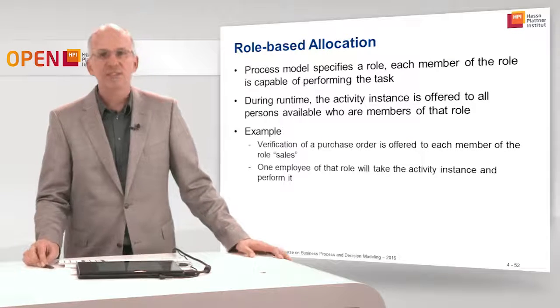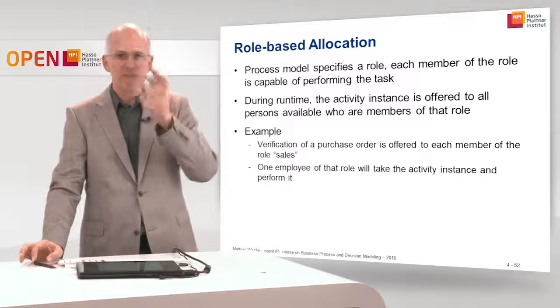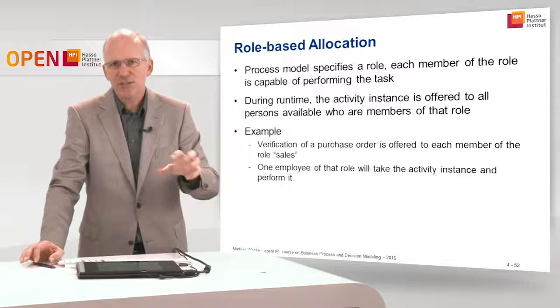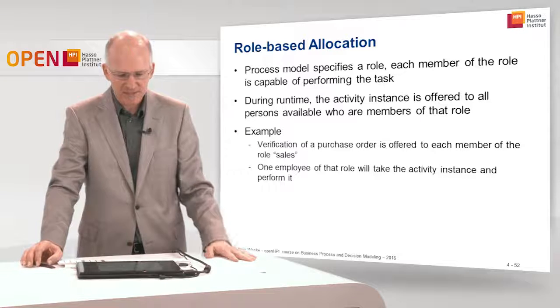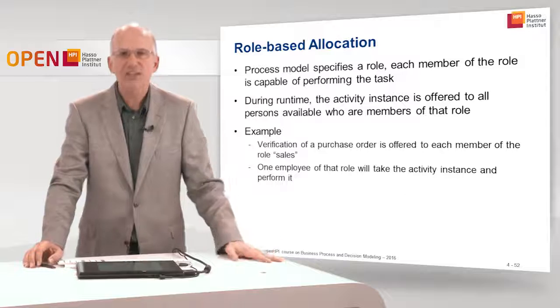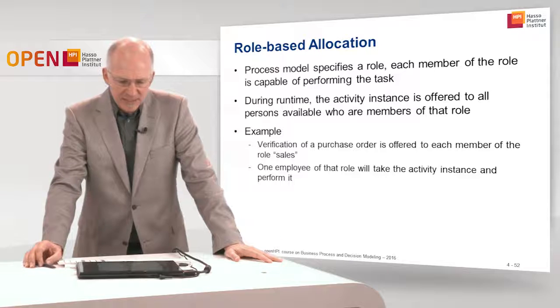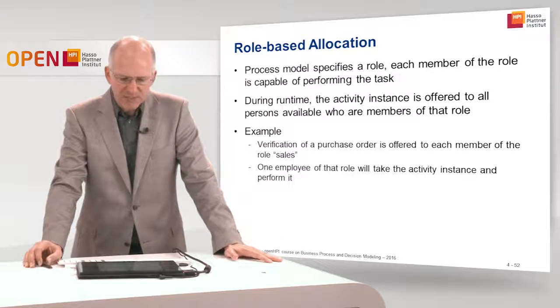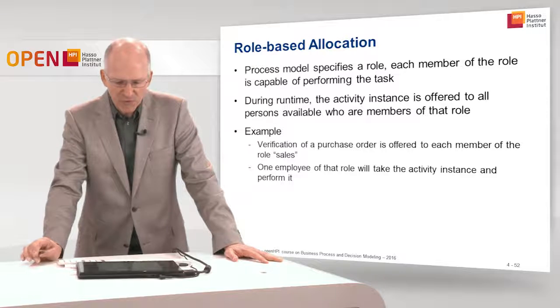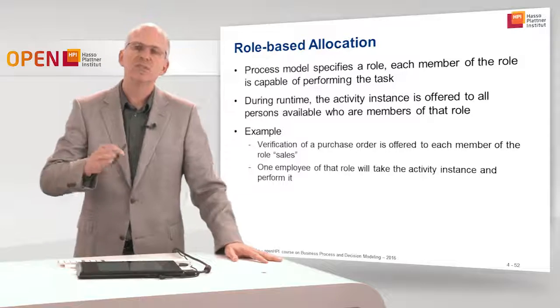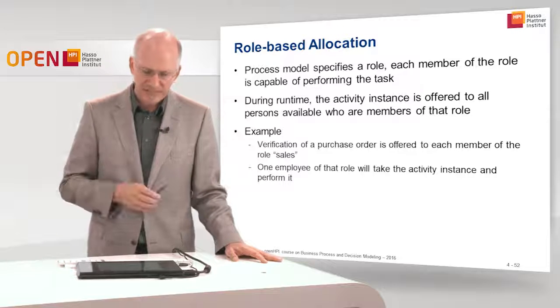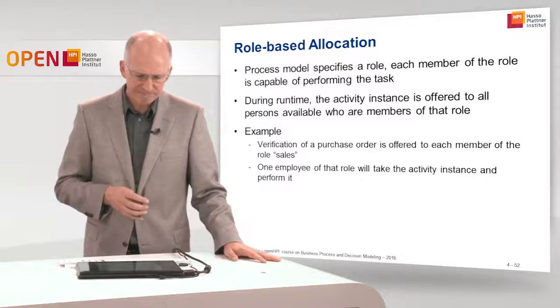Now the question is, how does this allocation take place? I was very fuzzy about how the allocation is actually performed. The process model specifies a role, and each member of a role is capable of performing the task. So assume these are all roles. In general, it's resources, but we can say roles in this context.